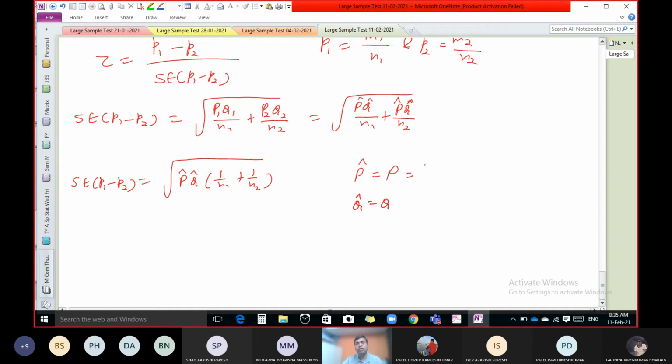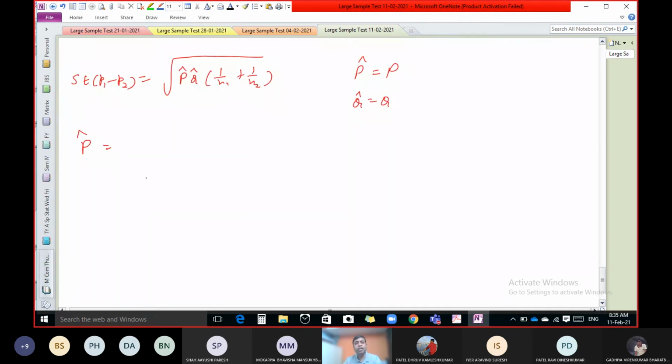And what is the formula for this? The formula is very simple. It is a combined proportion, like combined mean. Maybe you are familiar with the formula of combined mean. Do any of you know the formula of combined mean? Xc bar, the combined mean, is n1 x1 bar plus n2 x2 bar upon n1 plus n2.